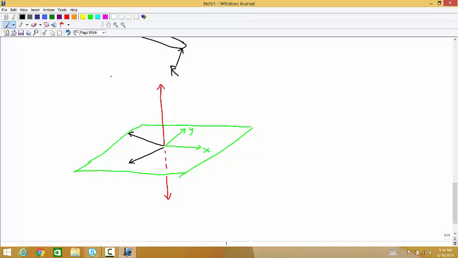Okay? You just have a single moment equation if you're doing a problem in 2D. If you're doing a problem in 3D, that moment equation requires all three components because you're taking a cross product to get that moment, and the cross product of things that live in the full 3 dimensions can be anywhere in 3 dimensions.